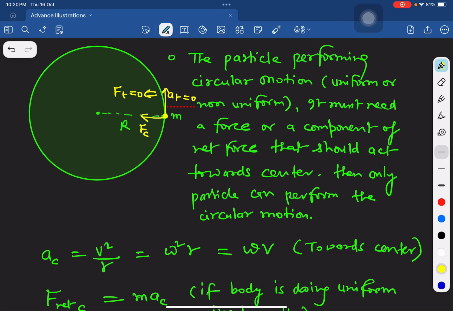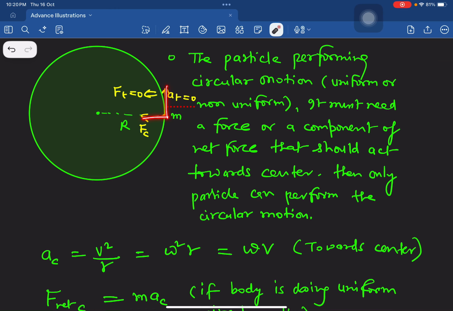In the plane, if I break the forces in these directions, the force in this side is 0, so only in this direction should it have the force. The tangential acceleration here is 0, so only the force towards the center should be present. So you will have only a net force towards the center if you are performing uniform circular motion.